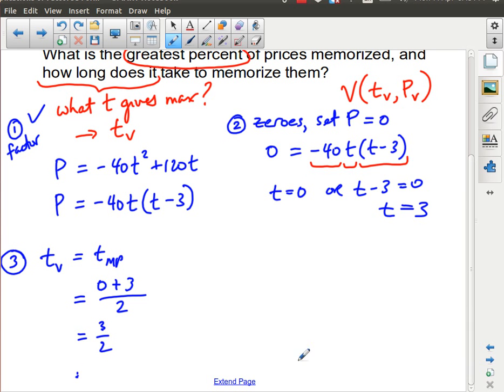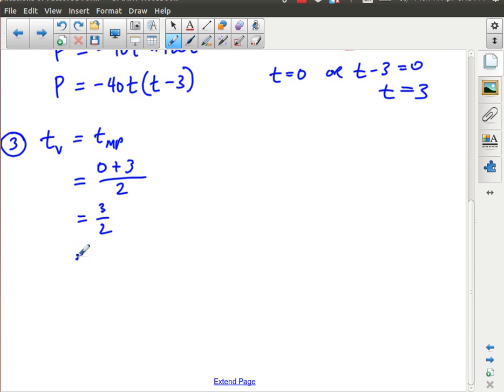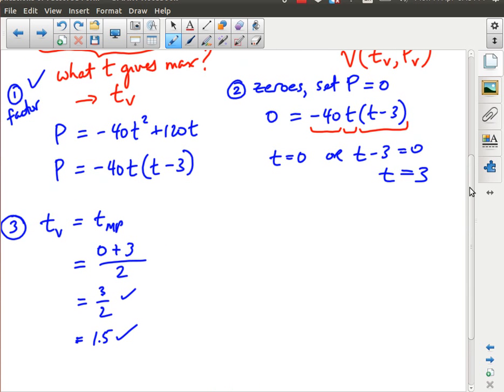Or, as a non-repeating decimal, it would be acceptable to write that as 1.5. You know my preference is to write it as 3 over 2, but 1.5 would be acceptable in this case. So now that we found the t value of the vertex, we know that you want to study for 1.5 hours to get the most out of this.